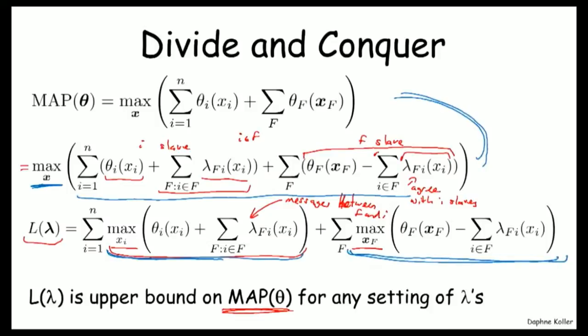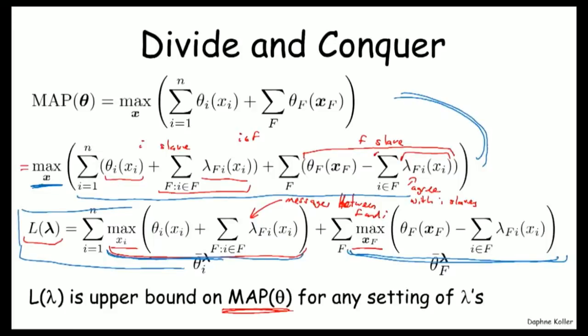And since the assignment where they all agree is one of the assignments that can be considered in this optimization problem over here, the overall value that can be gained is only higher than if I had to force them all to agree, which is a more constrained optimization problem. In general, the more constraints I have on the space that I'm optimizing, the lower the value that I can get.